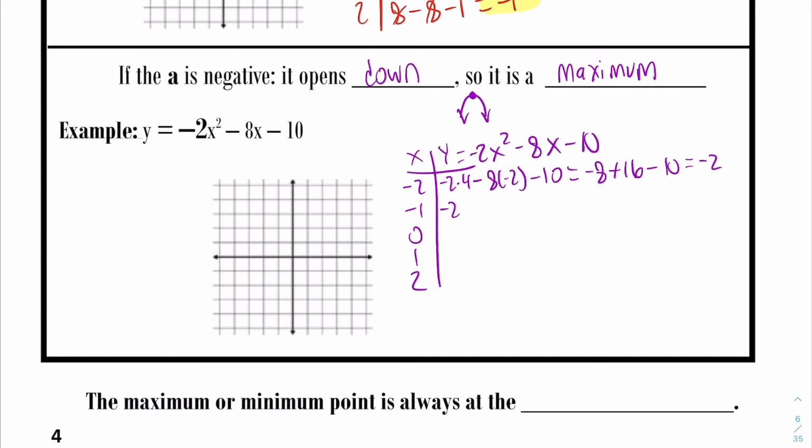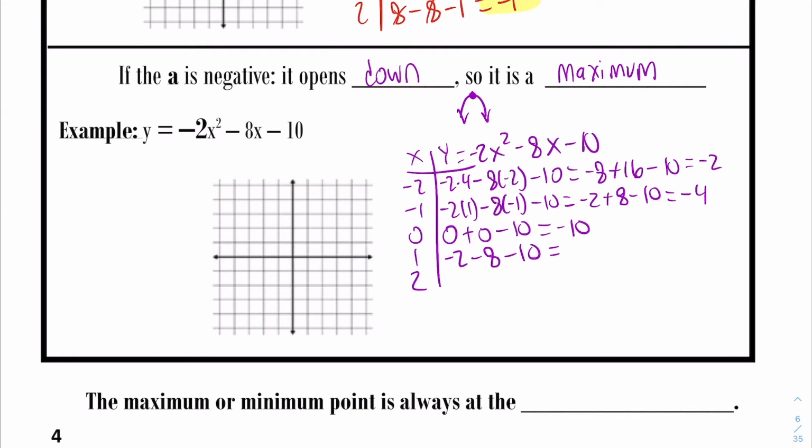Negative 2 times 1, because negative 1 squared is 1, minus 8 times negative 1 minus 10 equals negative 2 plus 8 minus 10, which makes negative 4. 0 plus 0 minus 10 equals negative 10. If I plug in a 1, that's negative 2 minus 8 minus 10, which makes negative 20.